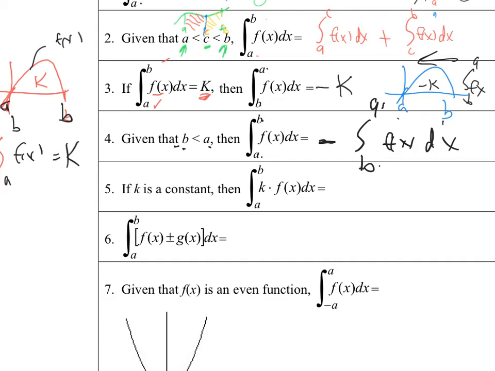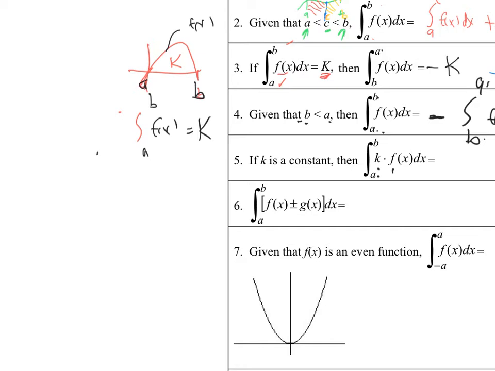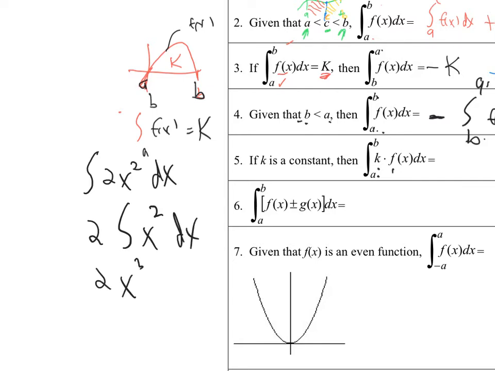If k is a constant, and I'm integrating from a to b, and k is multiplied by the function, that's no different than integrating 2x squared dx. In other words, I could factor out the 2 first and integrate this as 2x cubed over 3.